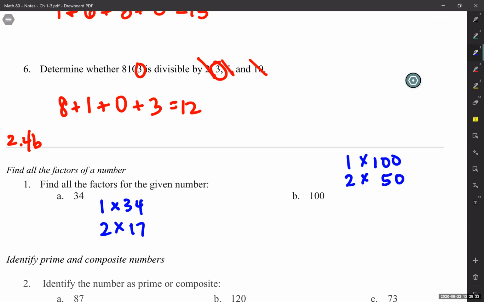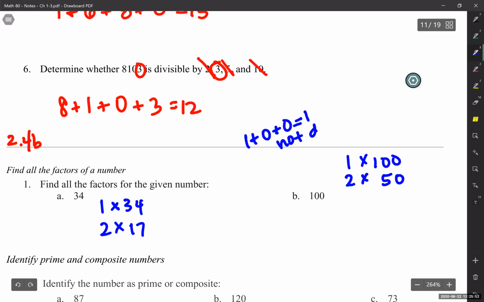You can check 3, but you can add up those digits actually pretty quickly in your head. 1 plus 0 is not divisible by 3. Therefore, this is not going to work for 3. Let me just write that little note. 1 plus 0 equals 1. So not divisible by 3.